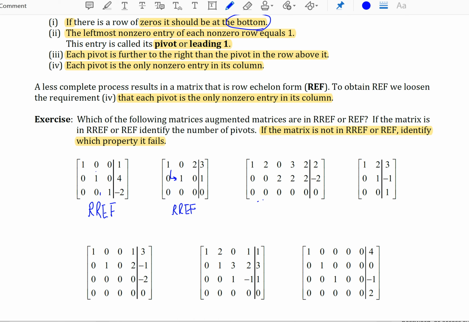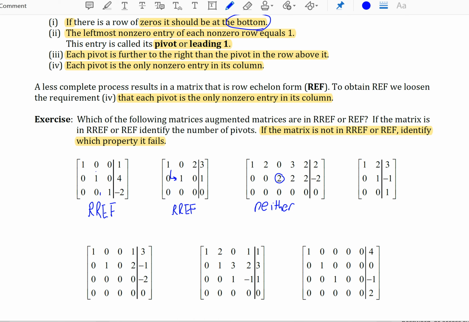Third one. The third one is neither REF or RREF. And the reason it's neither is because this value of 2. That 2 would have to be a 1 in order to be an RREF.